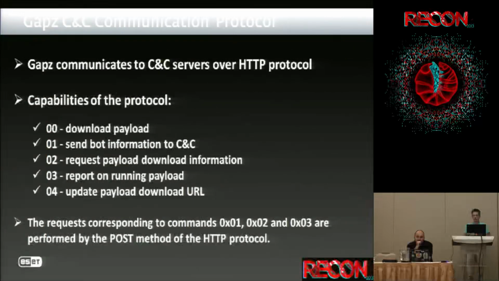The main capabilities of the protocol are the following. It's able to download the payload, report on the status of the bot, report on the payload which is run on the system, and request configuration information. It employs the HTTP protocol and sends request-specific data in the POST method.